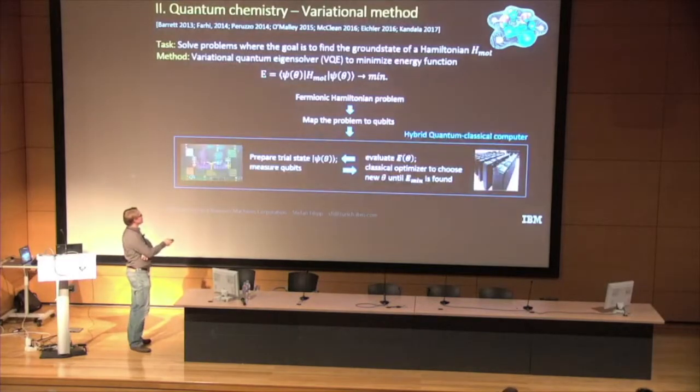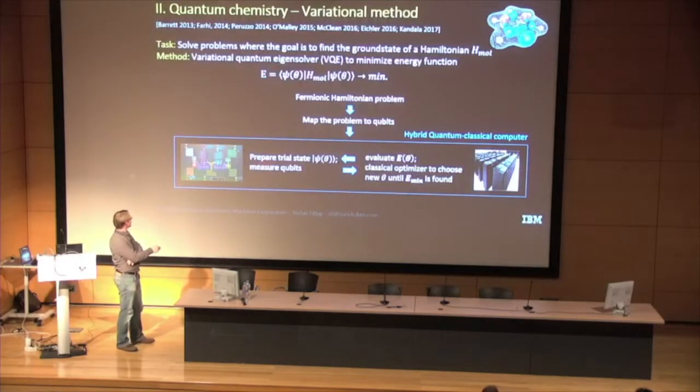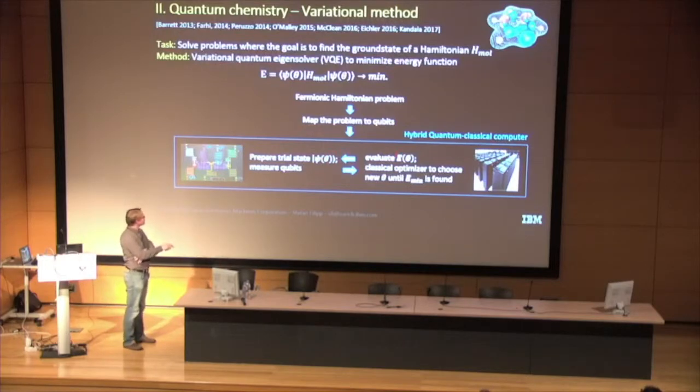If we have mapped it to qubits, we can then use this quantum device for preparing trial states, psi of theta. We can then evaluate this function here, the cost function, the energy, by measuring the correlations, expectation values, or populations of the qubits, and choose a classical optimizer that finds us new theta values, so new parameters of this state here.